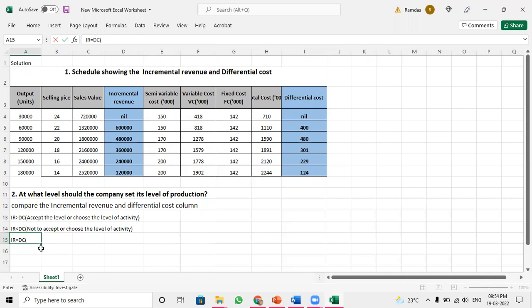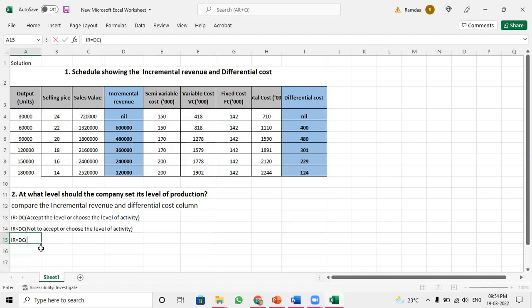I repeat again, what if incremental revenue is equal to differential cost at any level of output? In that scenario, you need to look into the following level of activity and find out if there is an increase or decrease.